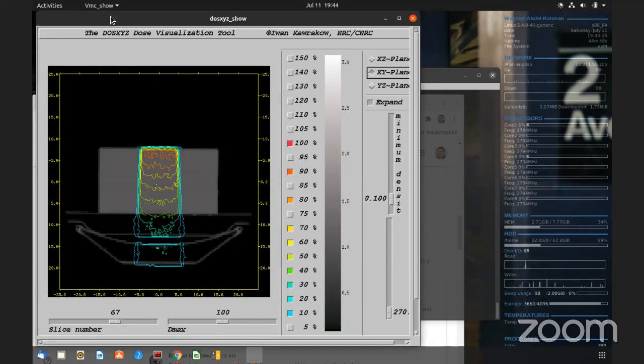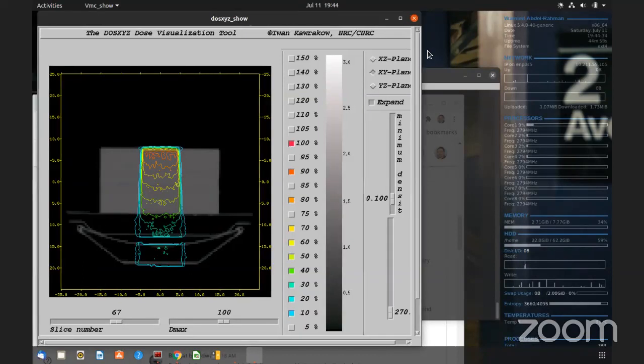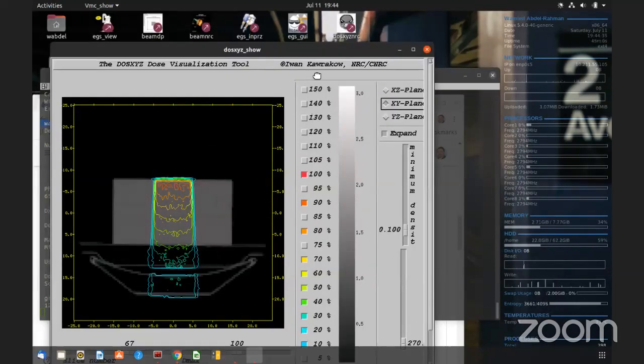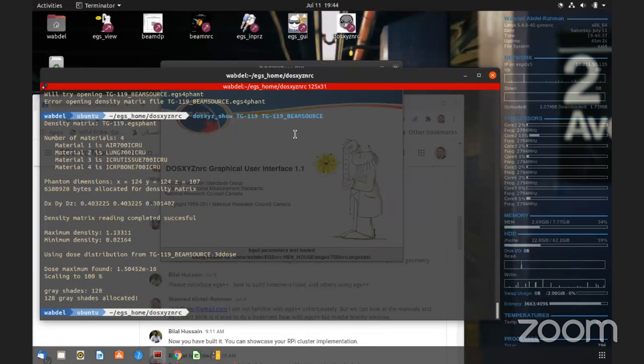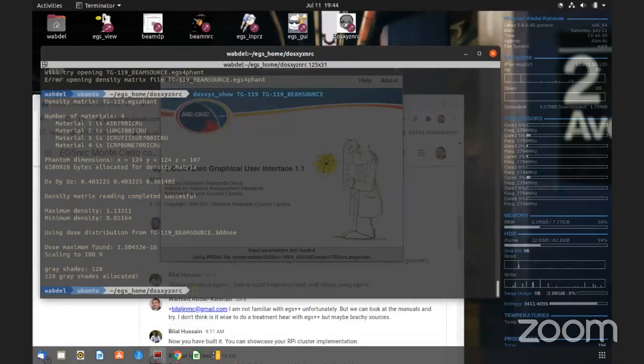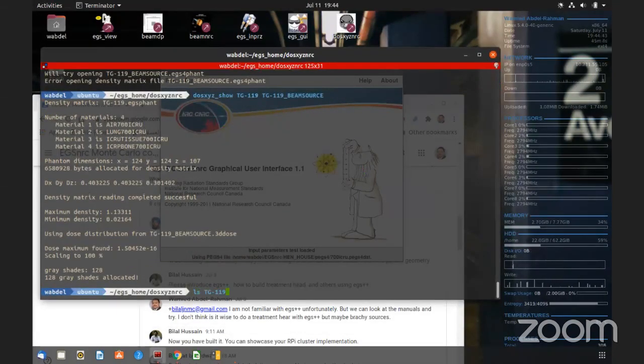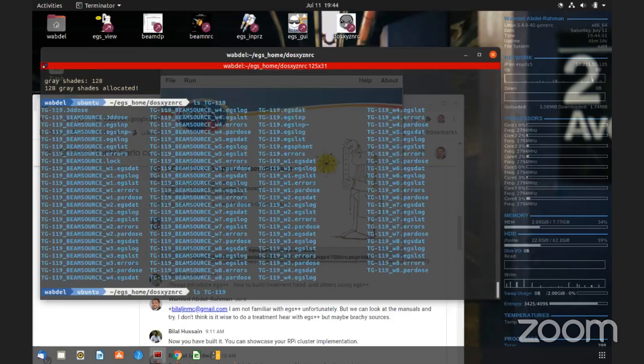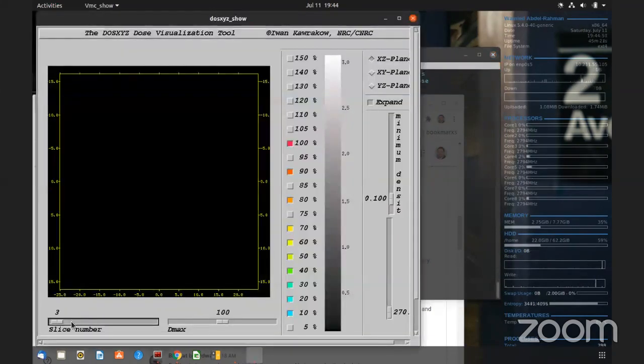Okay, now let's look at just the input file. I think I did one for electrons. I just don't know where it is. LSTG119. Okay, this is beam source. Is that for electrons? Let's see. Yes, I think this one is electrons.